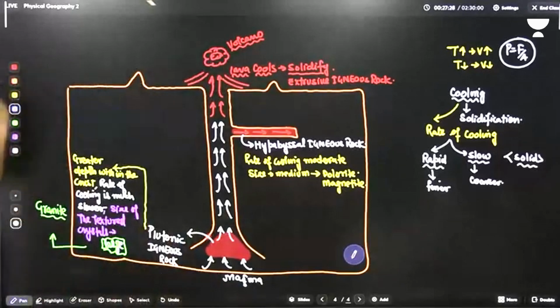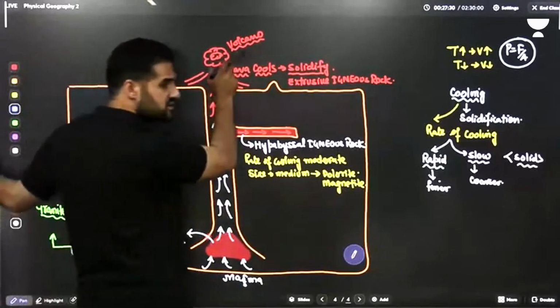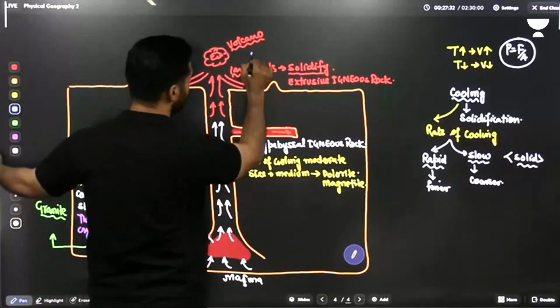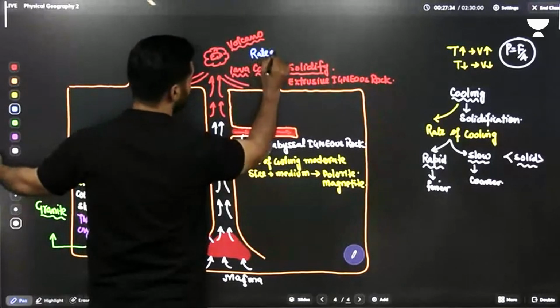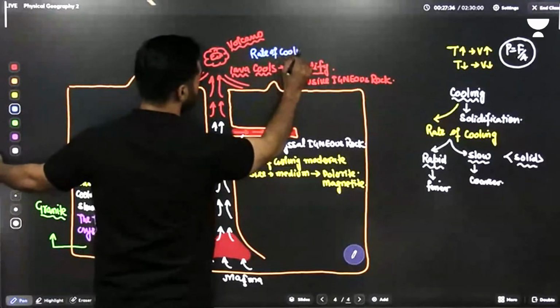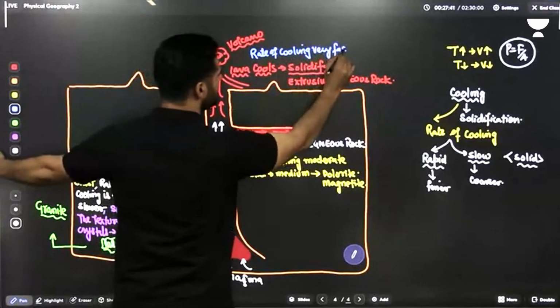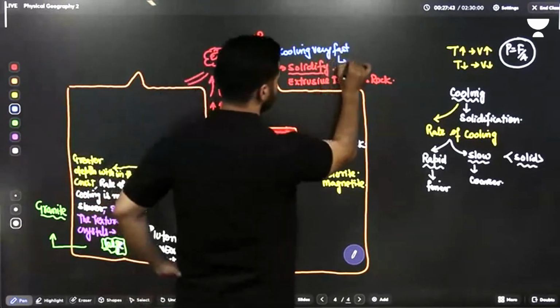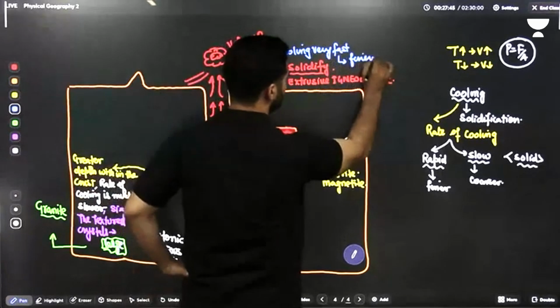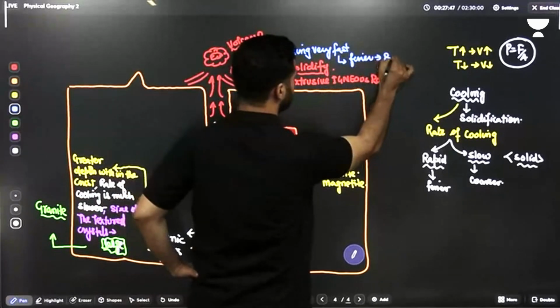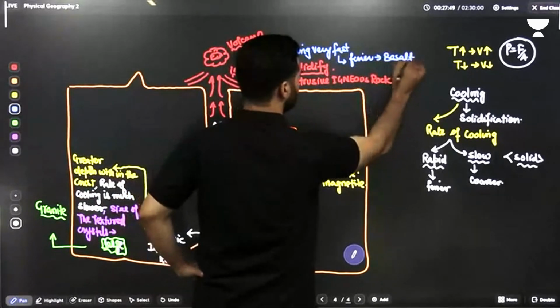The one which reaches out here, what will be the rate of cooling? Very fast. कल बताया था. Thus what will be the size? Finer size. Example, basalt. What is the example?